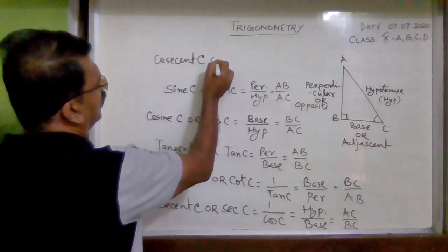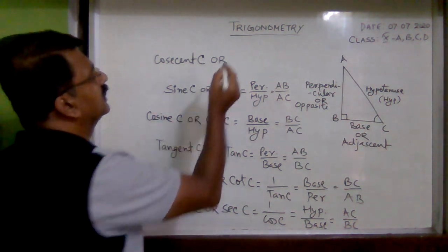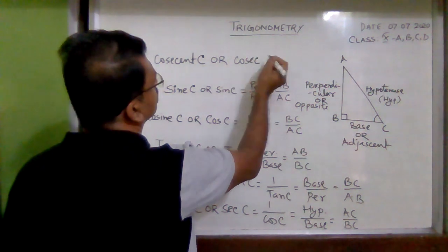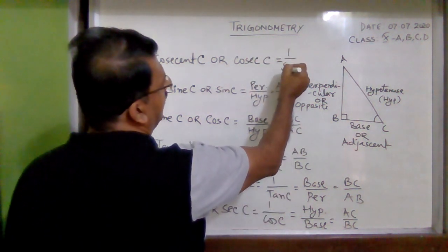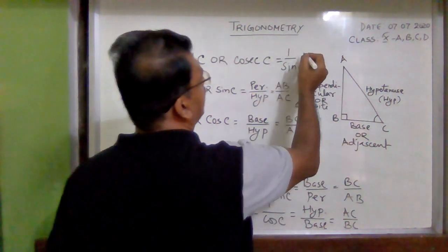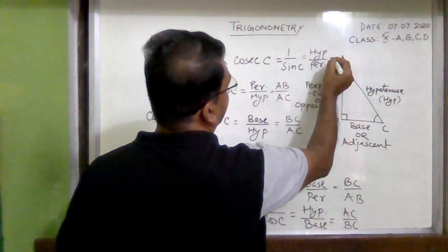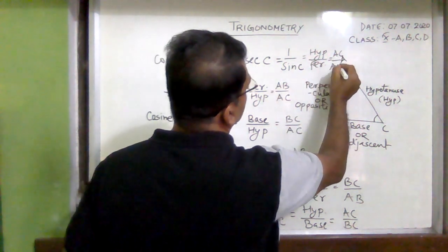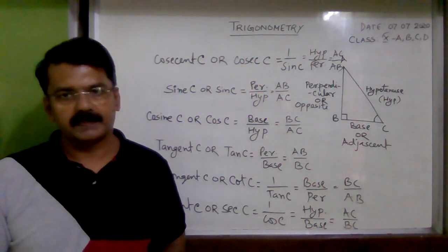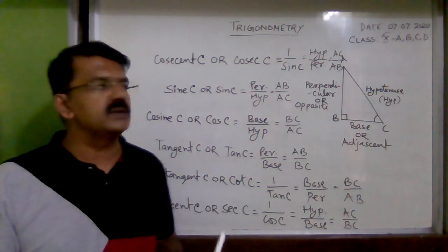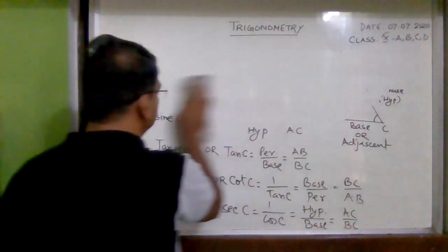Cosecant C, in short cosec C, is equal to 1 upon sine C, and 1 upon sine C means hypotenuse upon perpendicular, that is AC upon AB. Clear? So first of all you must remember these things, because in various questions we have to use them. I'll write it again for you.